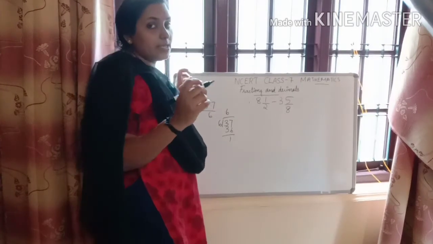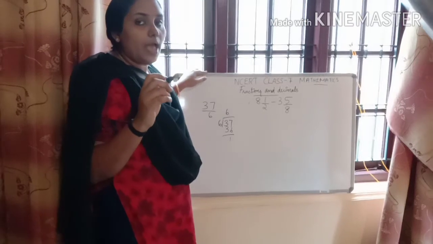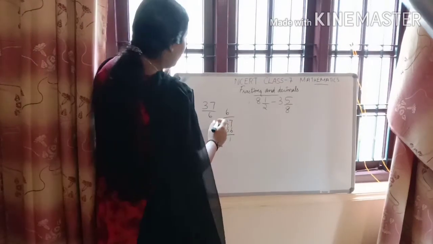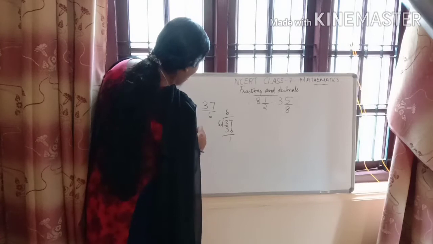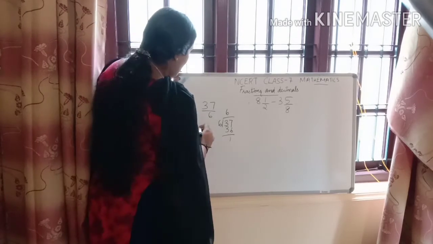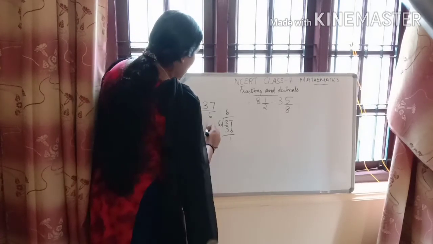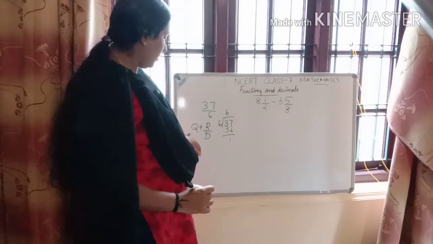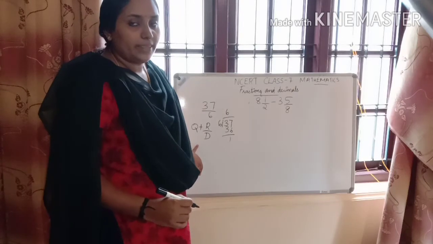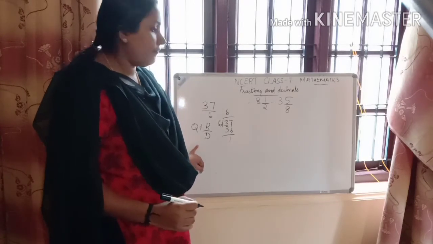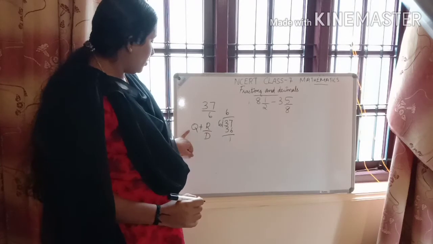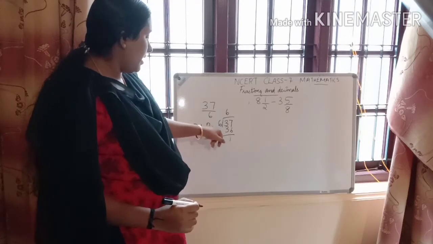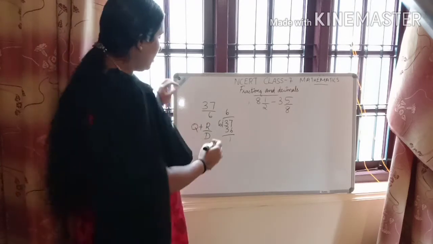A mixed fraction means having a whole number and a fraction. Just write the quotient over here, plus the remainder over the divisor. This is the method to write a mixed fraction: quotient plus remainder divided by divisor.